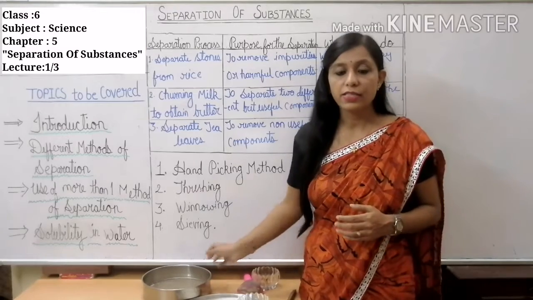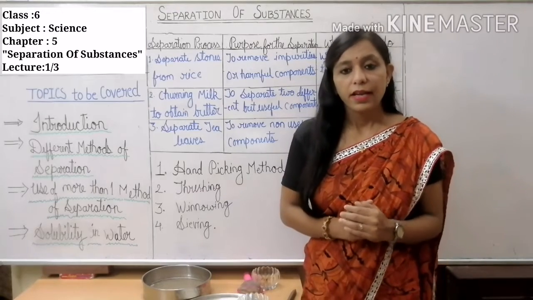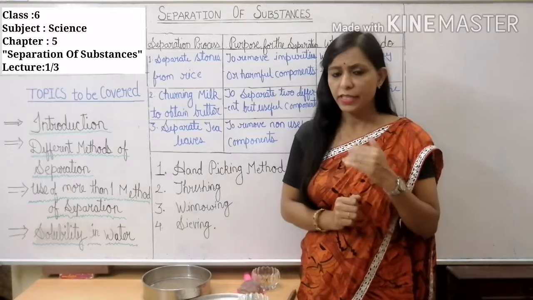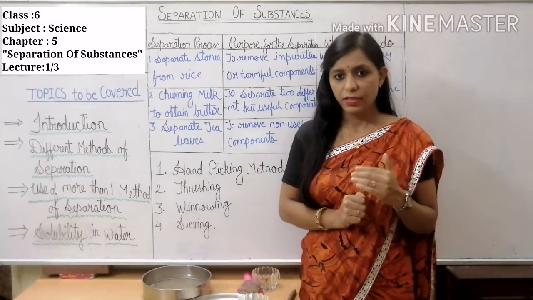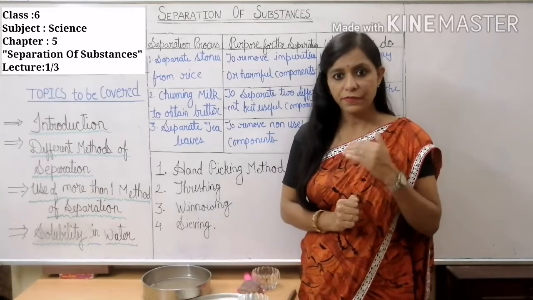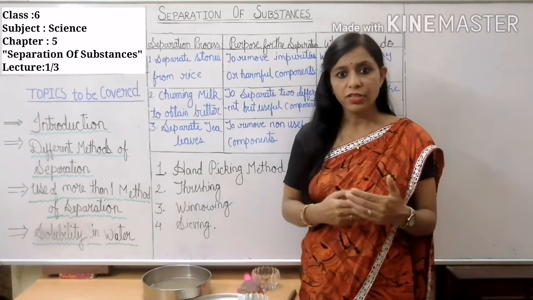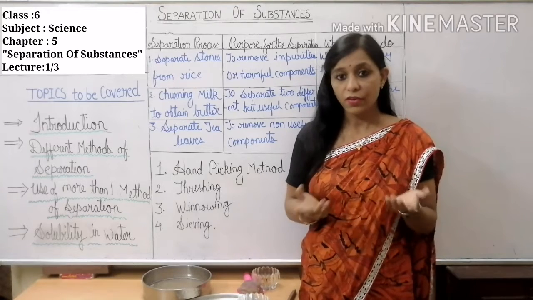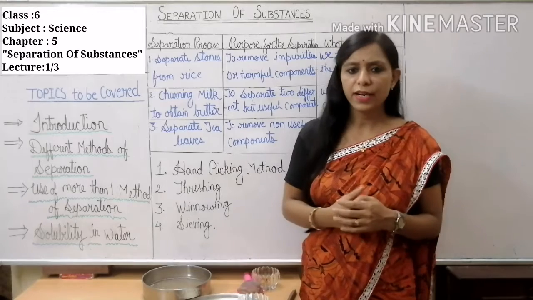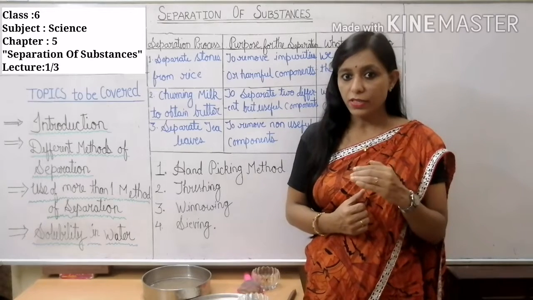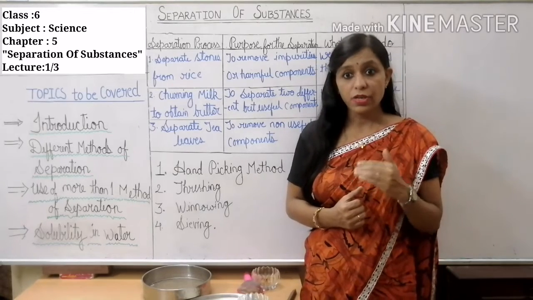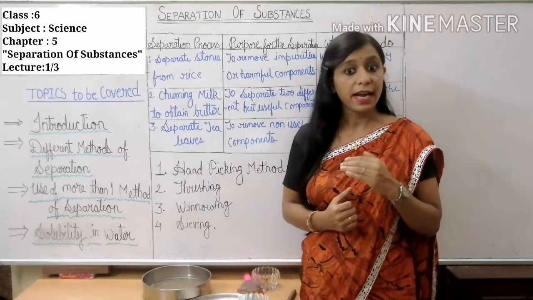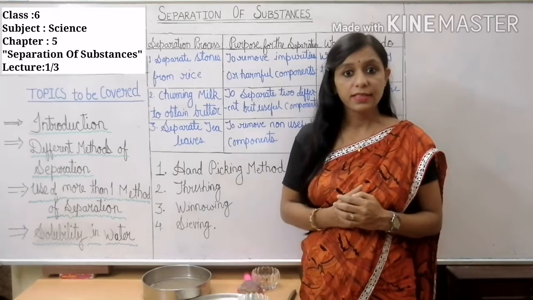Now I would like to ask you one question. If I mix chalk powder in the wheat flour, can we separate the wheat flour and powdered chalk by sieving? Obviously not. But why? Because sieving is used when components of a mixture have different sizes.